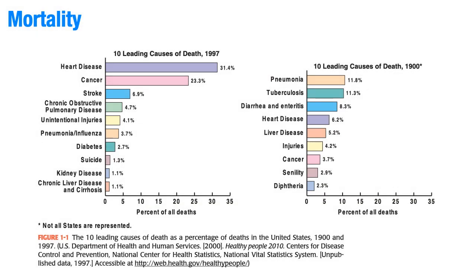Okay, so here you have an example of the use of this data. These two graphs compare the 10 leading causes of death in 1997, which is on the left, and 1900, that is 100 years before, which is on the right. In 1900, the leading causes, you see here, were pneumonia and tuberculosis, which are respiratory infections.